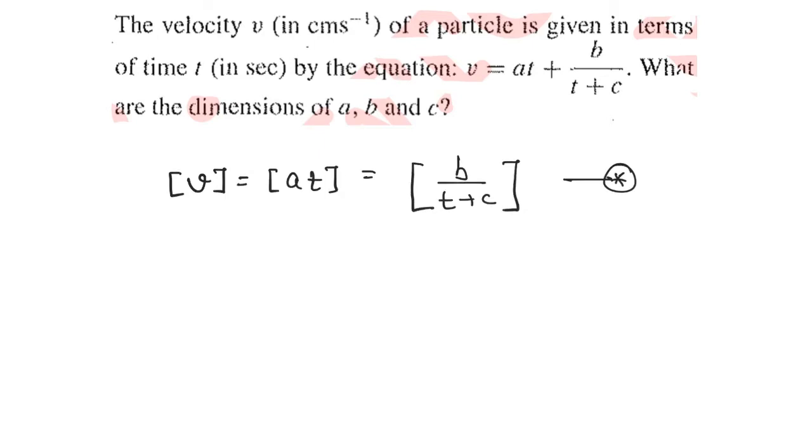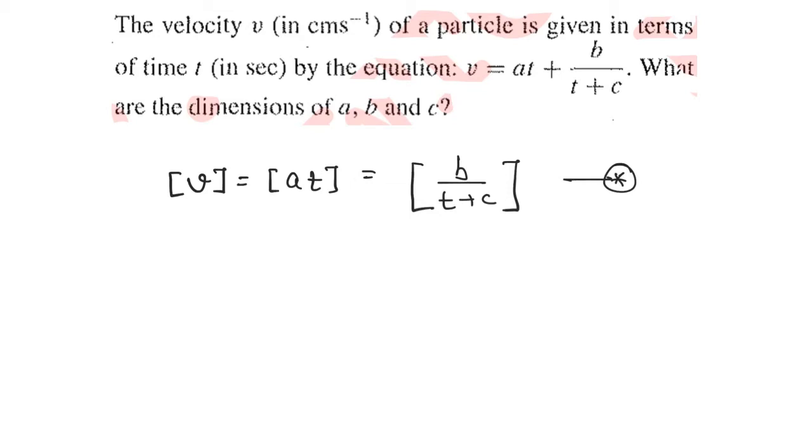Now, next. Class, can you see in the denominator here, T plus C? Can you notice T plus C? Now, T plus C. If T is the time, what is C? C is also time. Very good. Because time plus time will give you time. मतलब हम टाइम में टाइम ही तो ऐड कर सकते हैं क्लास.